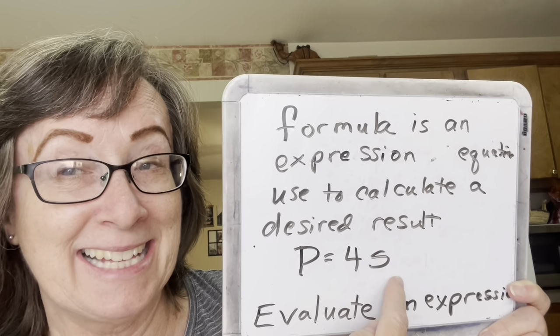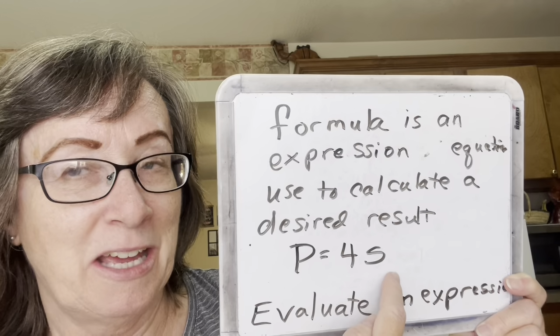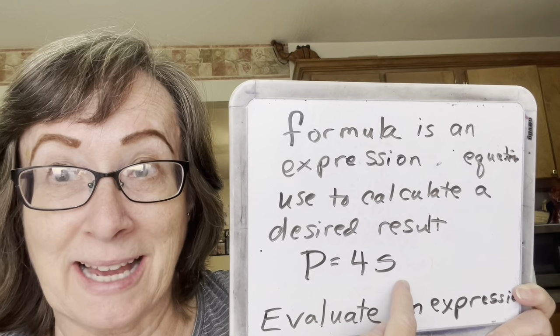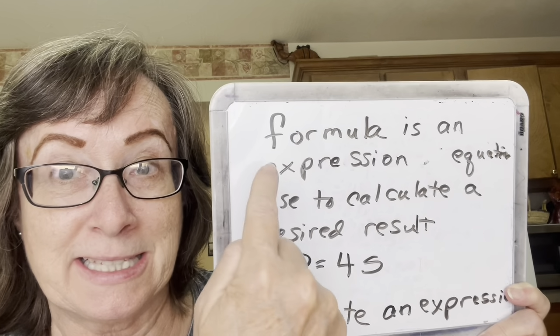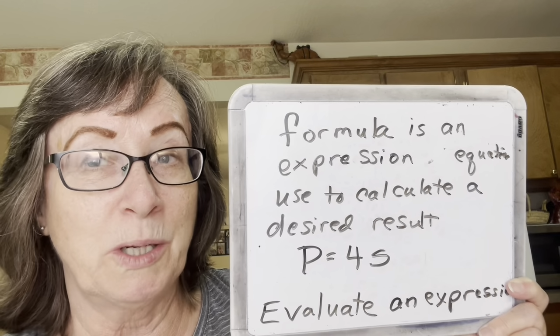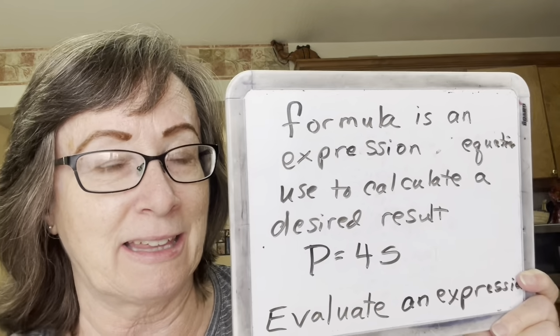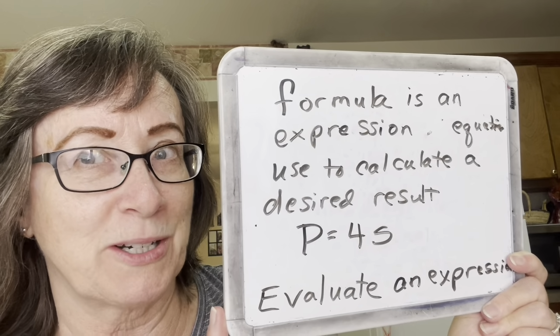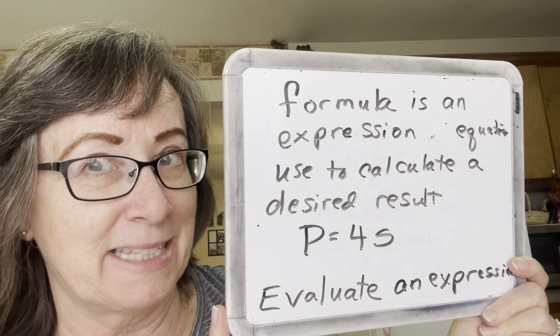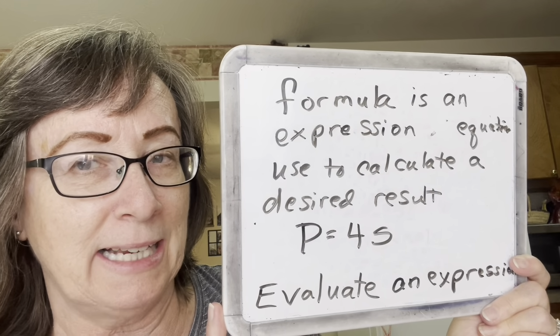In this case, s stands for the side length, because wouldn't a square have 4 sides that are the same? And so if you were talking about the perimeter, which is the distance around the square, wouldn't we add the side length? We'd multiply by 4 or add all 4 sides together. Since they're all the same, it would be 4 times the side length.